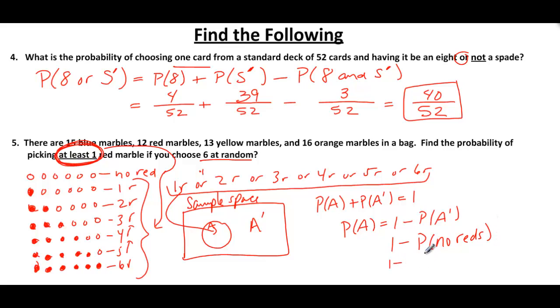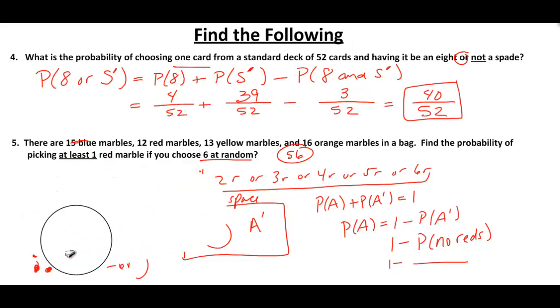1 minus, okay, I am choosing 6. So if we think about this problem, if I add all this together, 15, 12, 13, and 16, so let's see. This is 25, 30, 40, 56 total. Okay. And if you remember from some problems we did before, and I'm just going to erase some of this stuff just to give us a little bit of room now that I've kind of talked about it.